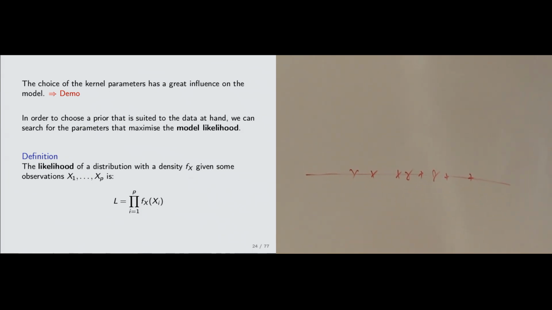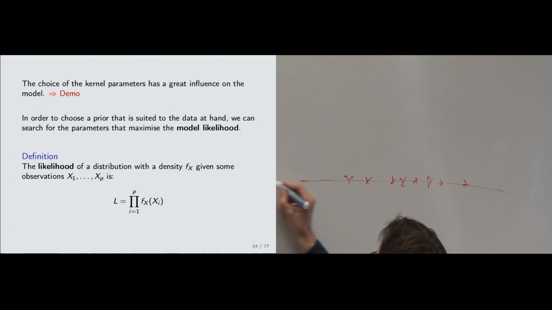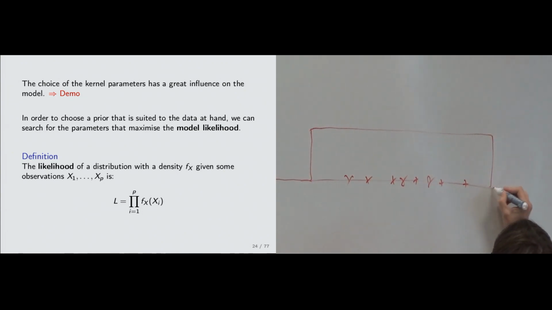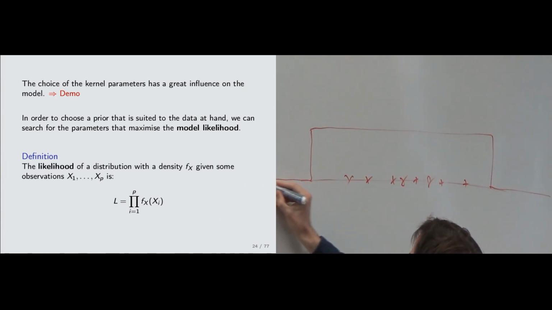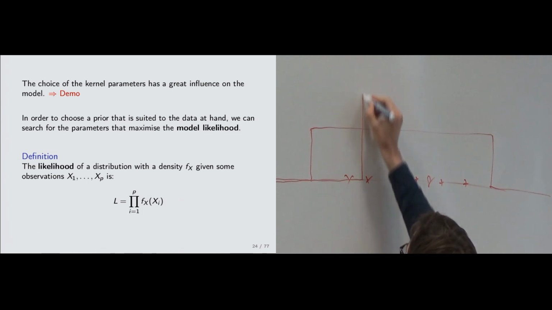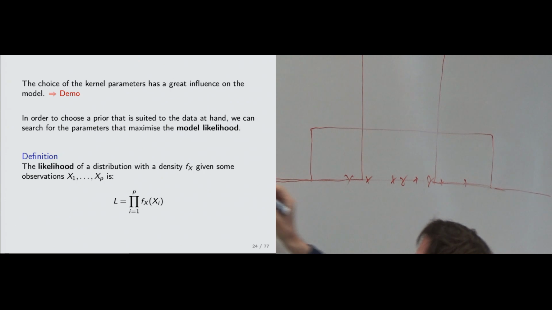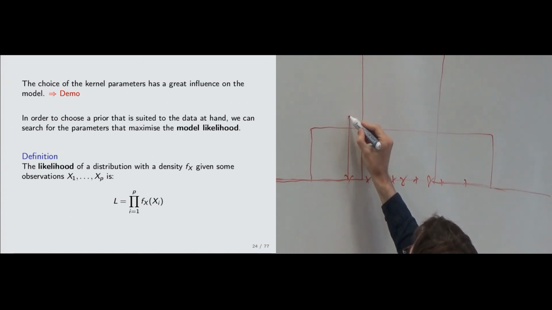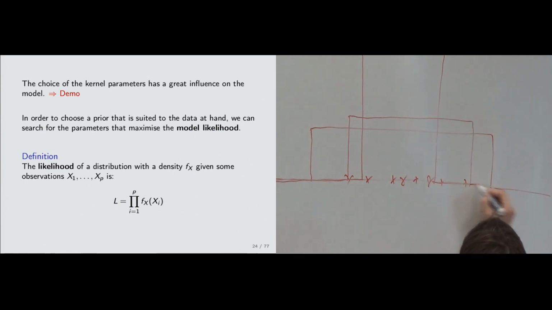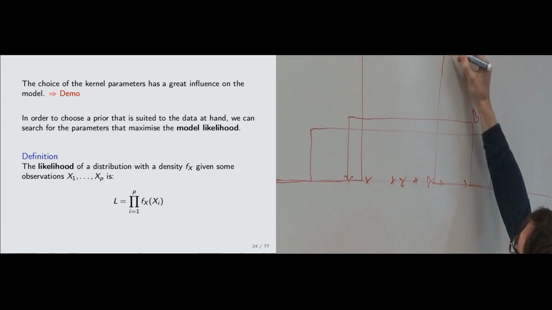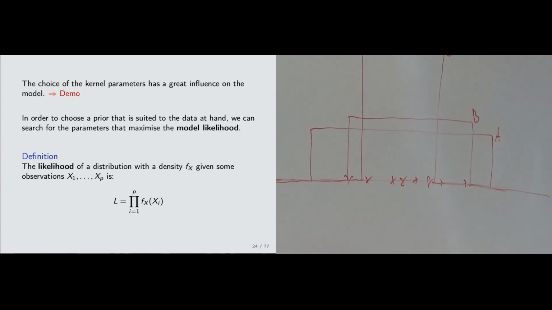You're just not sure what the parameters of this uniform distribution are. And the distribution could be either someone like that, or someone like that, or someone like that. So that's distribution A, B, and C.